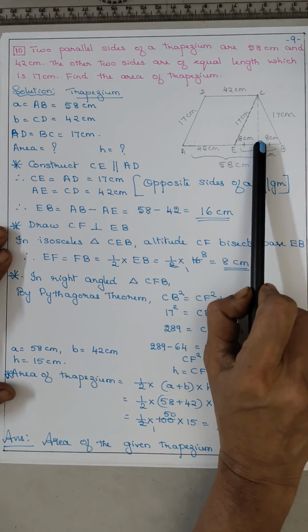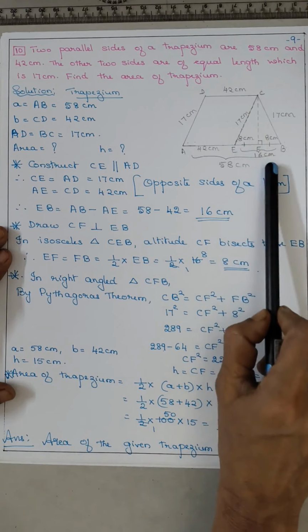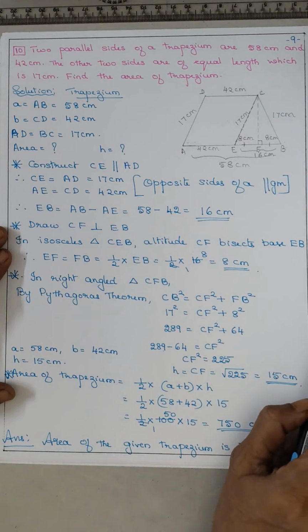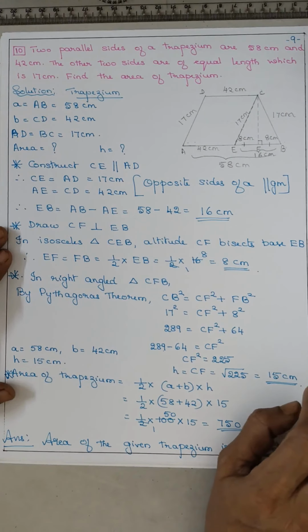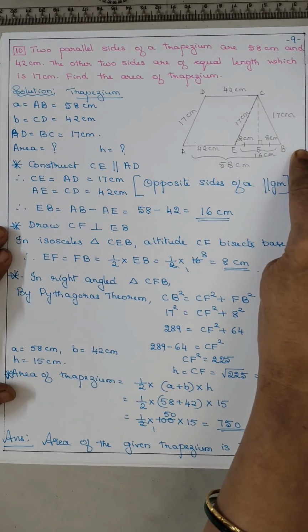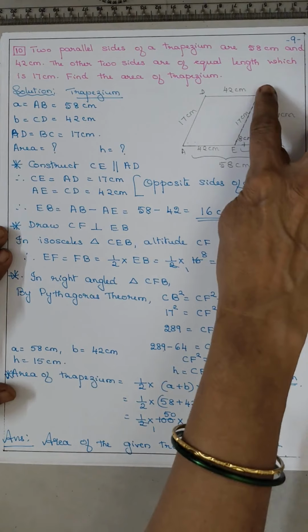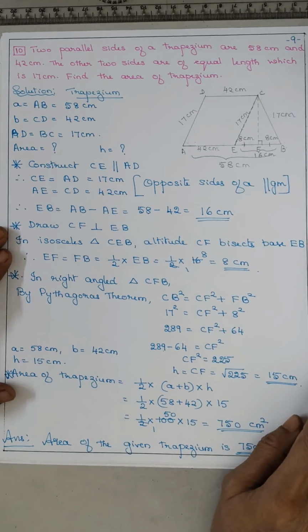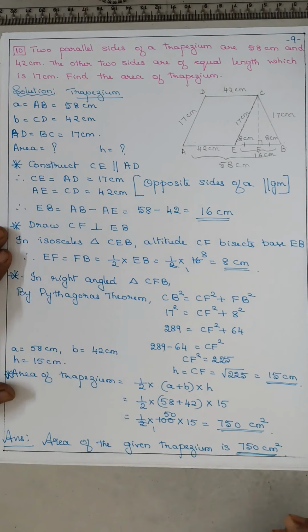So that means 90 degree. So in right angle triangle CFB, by Pythagoras theorem, the hypotenuse square is equal to base square plus the height square. So from that you will find out CF. CF is the height. So put the formula and put the values and find the area.